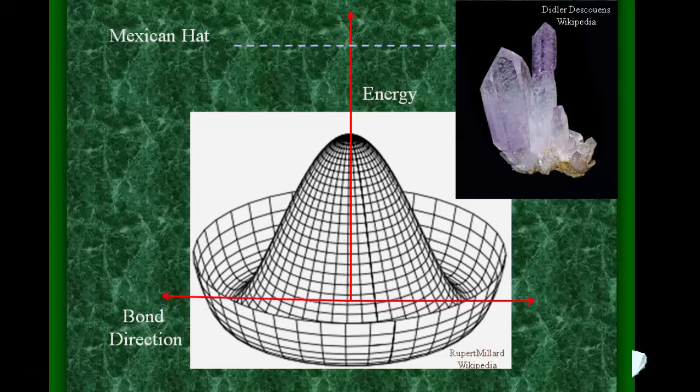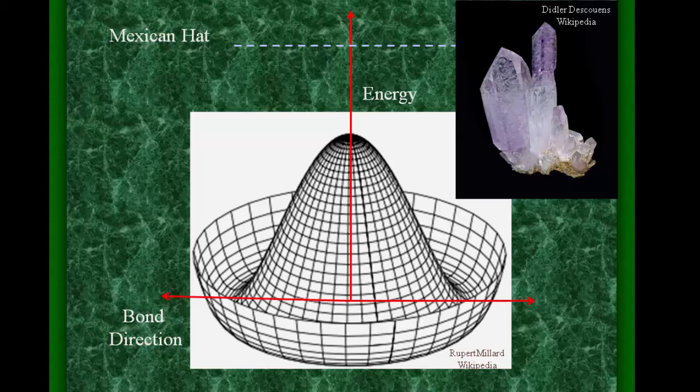What I'd like to do is just go through how water, as an example, goes from high energies and then is forced to choose what direction those crystals are going to grow. So at the dashed blue line up here, we have water as a liquid, and the water molecules don't have any preferred direction. They're free to point in any direction they want.